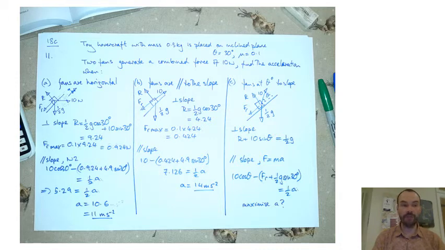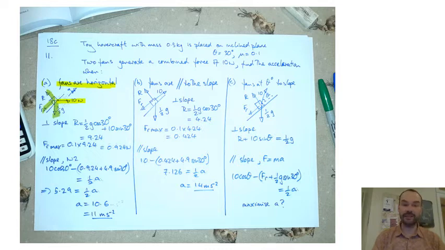So, in part A, the fans are horizontal. So we have a horizontal force of 10, and then we have these other three forces, 1, 2, 3.